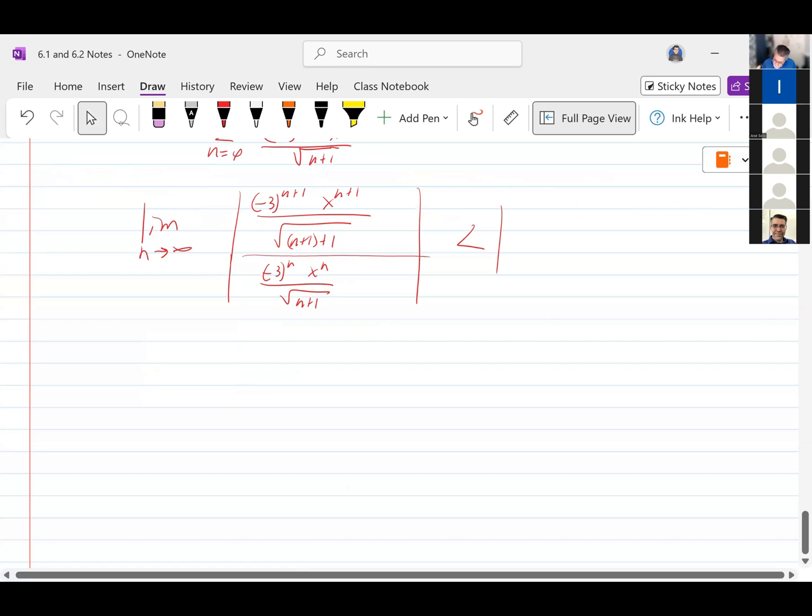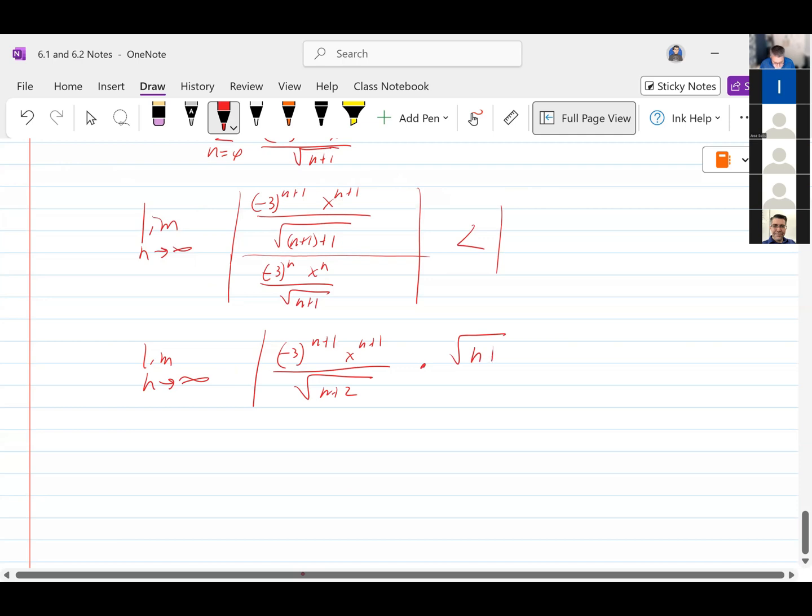Again, we're going to flip the denominator. So the limit as n goes to infinity of (-3) to the n plus 1, x to the n plus 1, all over the square root of n plus 2, times the square root of n plus 1, all over (-3) to the n, x to the n. When is that less than 1? Let's group like things together.